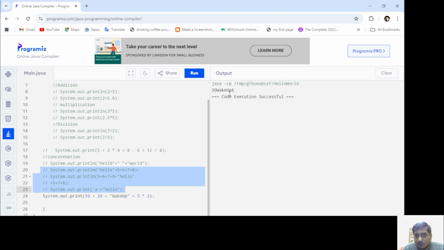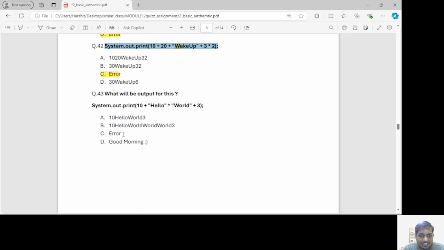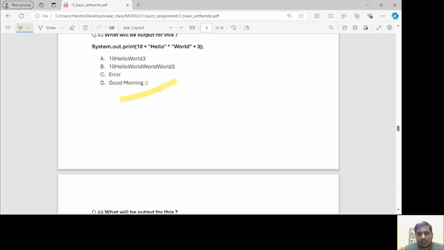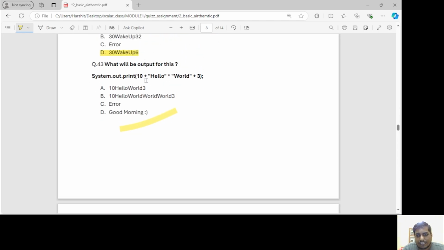Here there will be no error. After the addition, the addition will not be performed, the multiplication will be performed. So here "30 wake up 6" is the answer. Means the answer is not an error. I made a mistake. Okay, "30 wake up 6" is the answer. Now see, 10 plus hello multiplied by world. So here there is an operation between hello and world.